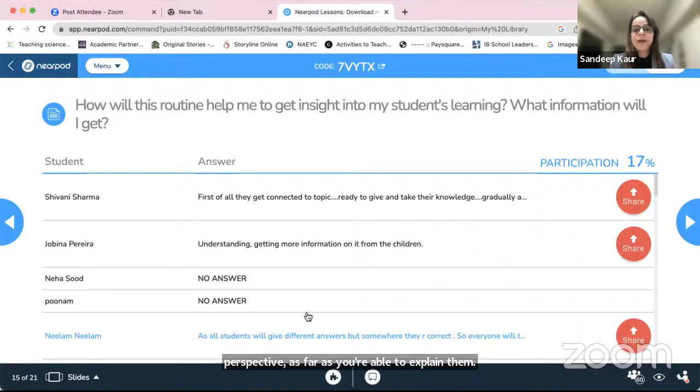Unlike a classroom where it's just this is right and this is wrong, which is very threatening because what if I'm wrong? These routines help you to bring in diversity in the classroom, creativity, critical thinking. So it's not about this being the only way of doing things.